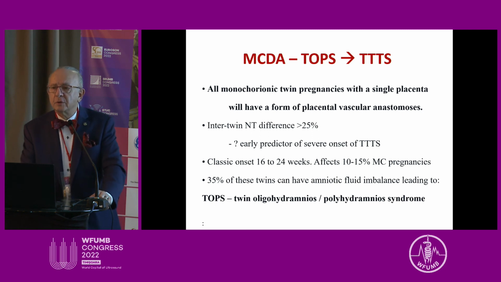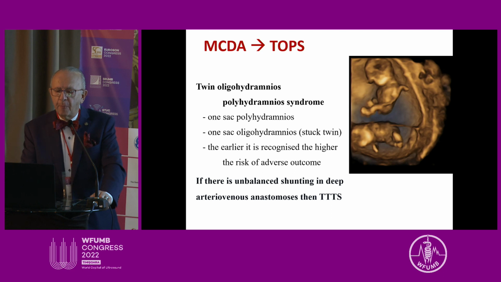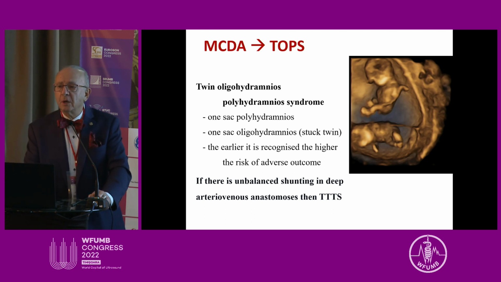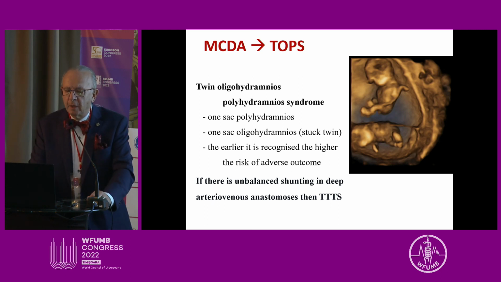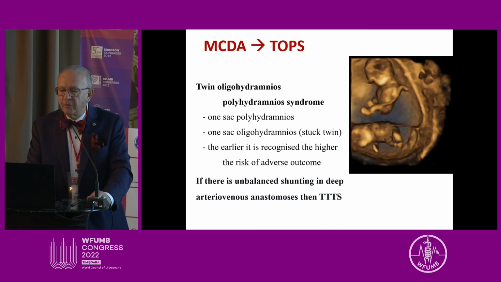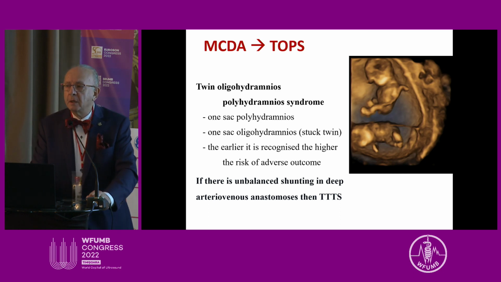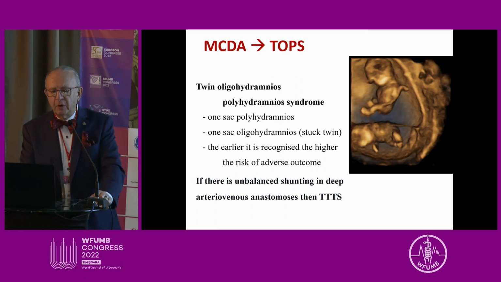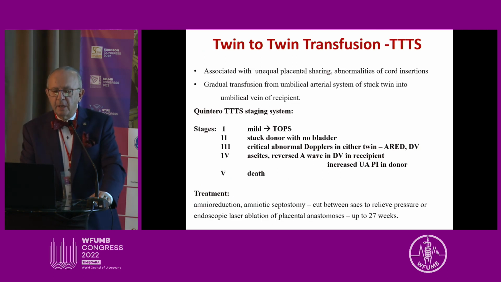And there's, of course, the twin oligohydramnios polyhydramnios syndrome. As is clearly seen on that image on top, there's a lot of fluid, and a normal fetus at the bottom with very little fluid, and if there's an imbalance in the AV connections in the placenta, this is TTTS.